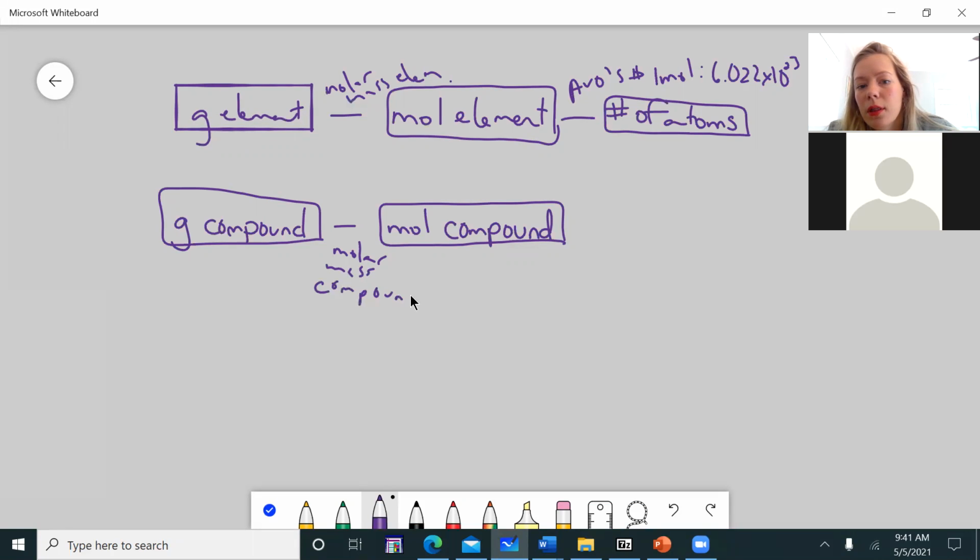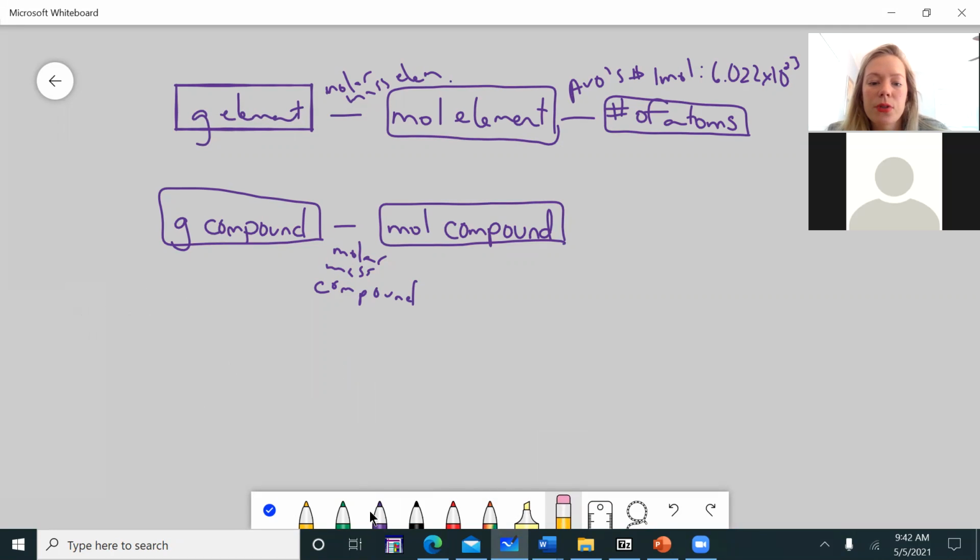So this one you're going to have to calculate, meaning you have to add up all the individual elements that are within a compound. So let's say we had Fe2O3 as our compound. If I was to calculate the molar mass, I need to take the mass of 2 irons and 3 oxygens, right? And add those together to get your total molar mass. So it's an extra step when it's a compound.